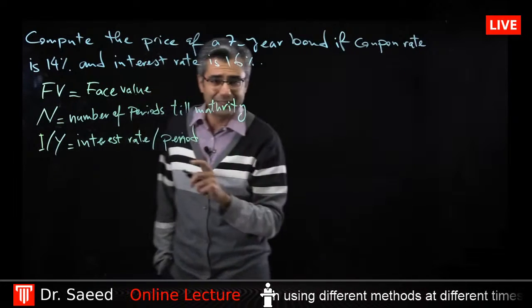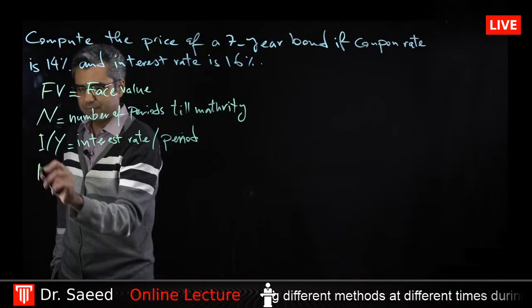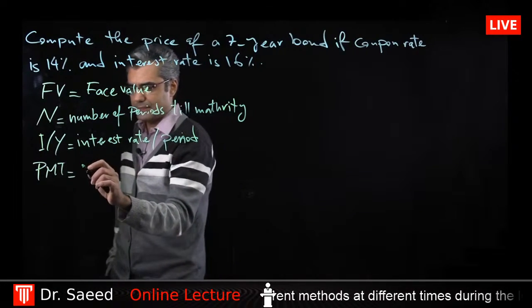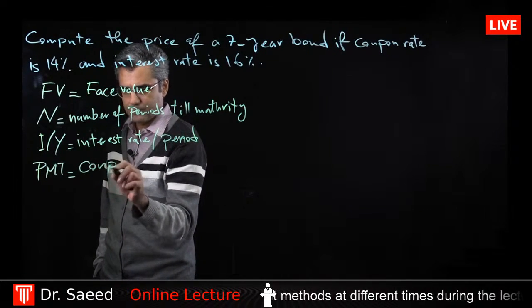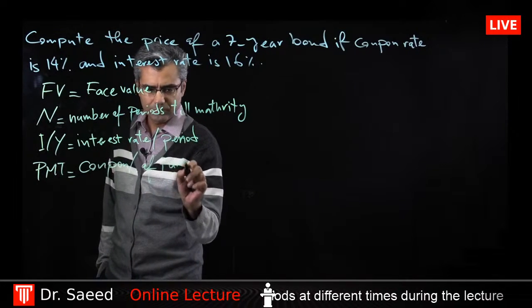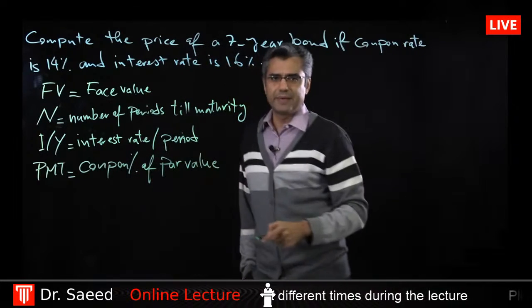This is not per year, this is per period. Then we have PMT, which is the coupon rate as a percentage of par value.